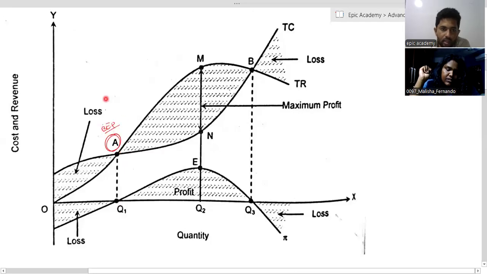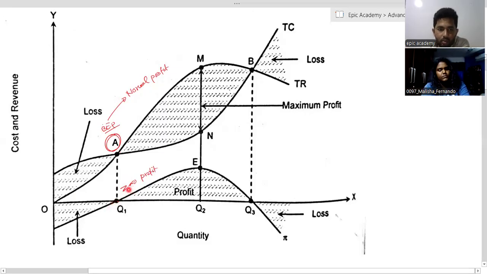Isn't it? Yes. At the break-even point, you are getting normal profit. So what happened to the profit curve? It crossed the horizontal axis. Yes. That means at that point, profit is 0. Isn't it?